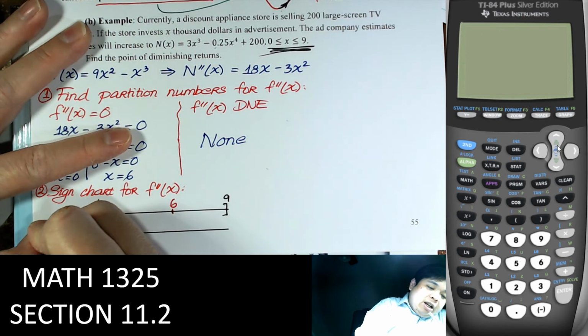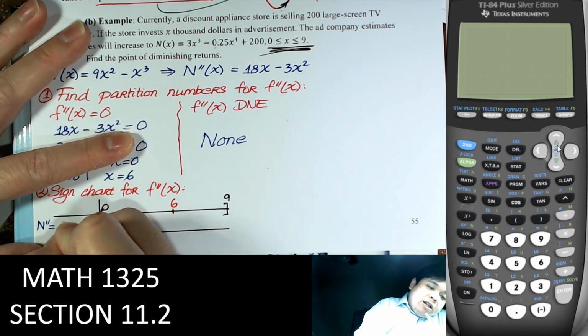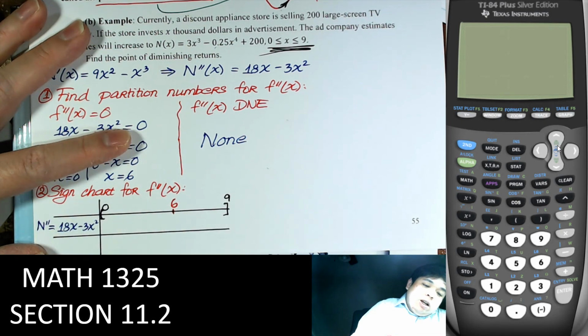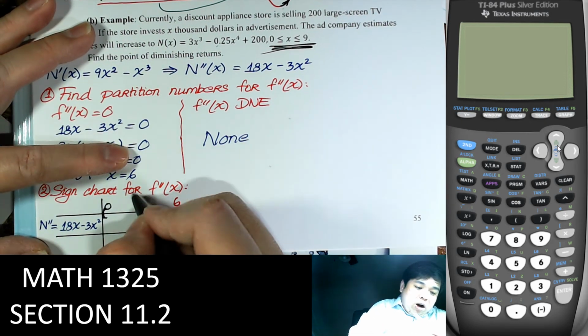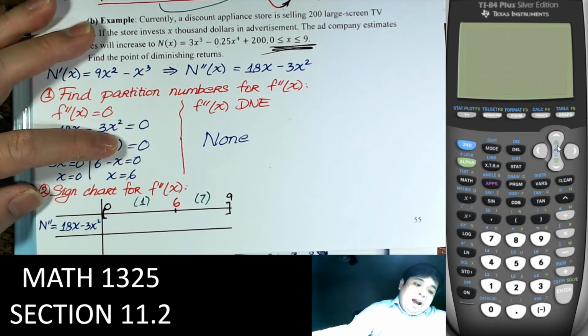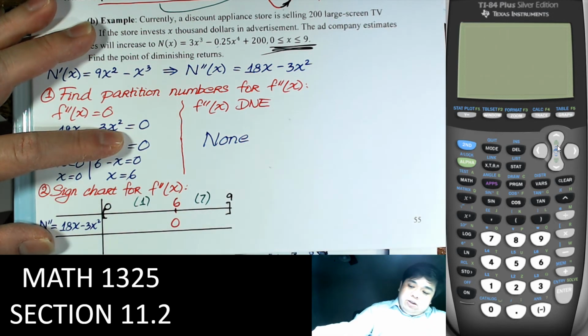Right, second derivative: 18x minus 3x squared. For the test points around 6, I choose 1 and then 7. When x equals 6, the second derivative equals 0.